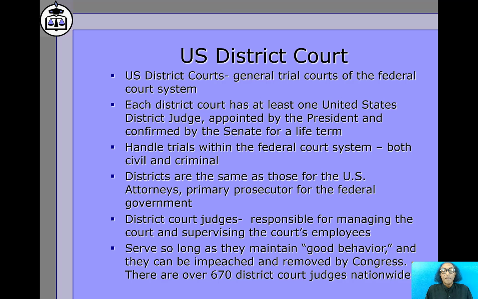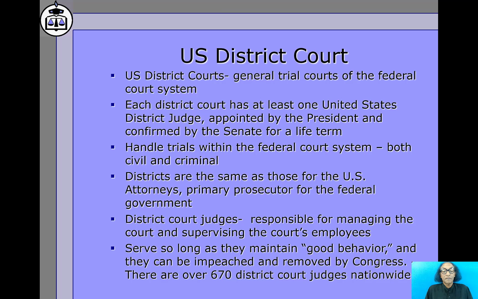Now, in terms of standing and in terms of bringing a lawsuit, in federal court, the first place that a person can access the federal courts and file a lawsuit is in the U.S. District Court, and that is the lowest court in the federal system. You have the Supreme Court at the top, and you have the U.S. Courts of Appeals at the second level, and then at the bottom level is the U.S. District Court.